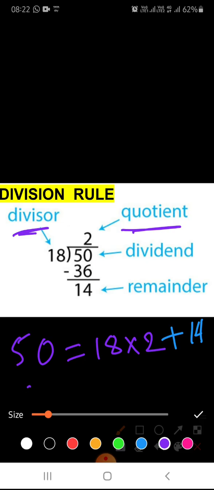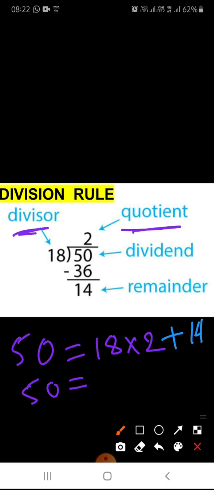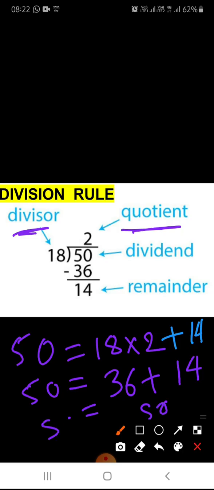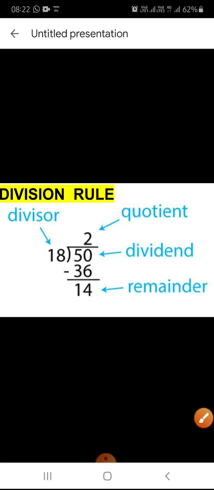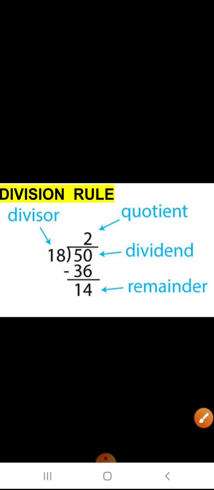Let's see, 50 will be this side only, and 18 multiplied by 2 is 36. 36 plus 14, what do you get? It is 50. So on this side also 50, this side also 50, means your answer is correct.